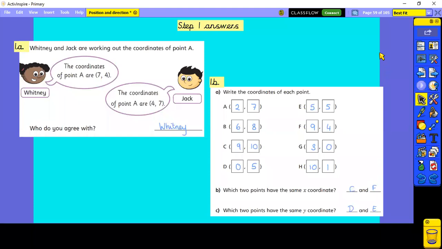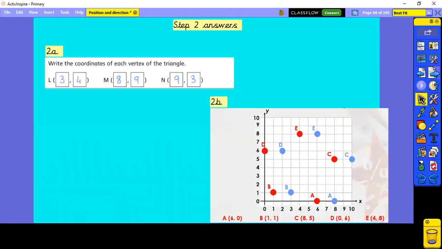Okay, big well done everyone for completing your independent work for your 3rd lesson on this unit. On the screen now I have the step 1 answers, so you need to pause the video to mark your work in a different coloured pen if you have one. On the screen now I have the step 2 answers, so pause the video to mark your work.